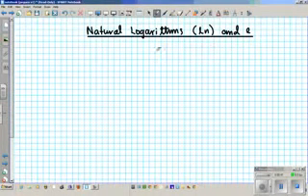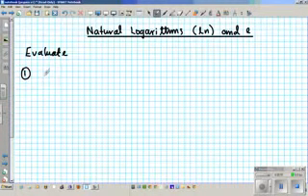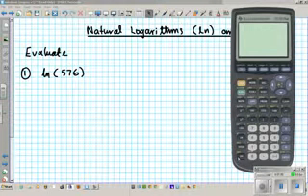Alright, so we're going to start out by evaluating some expressions with the aid of our calculators. Number 1, the natural logarithm of 576. Okay, so fire up your calculators. Let's see what that is.